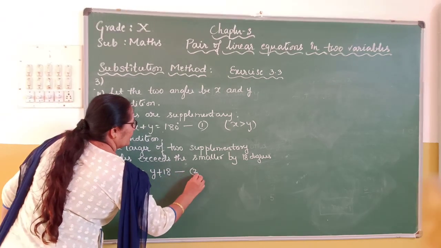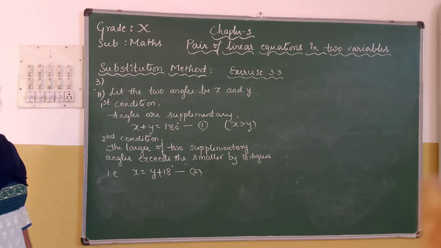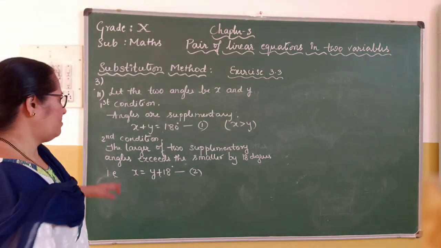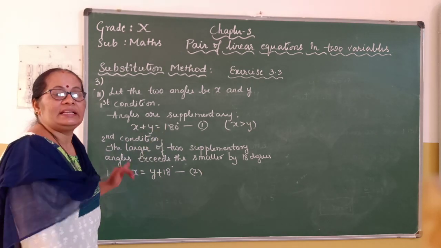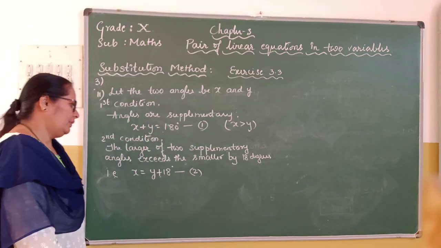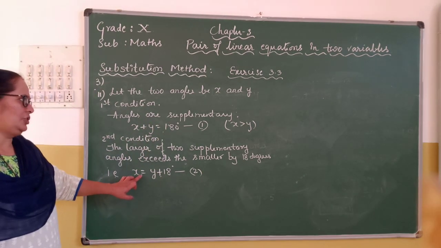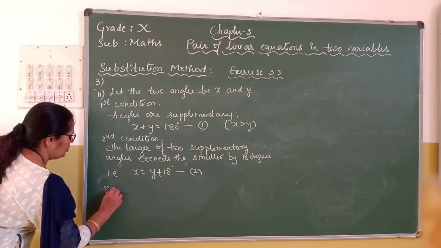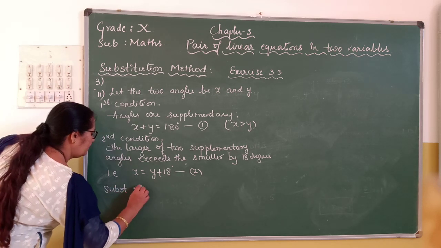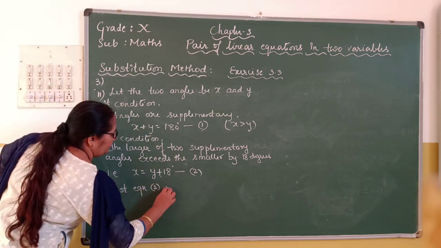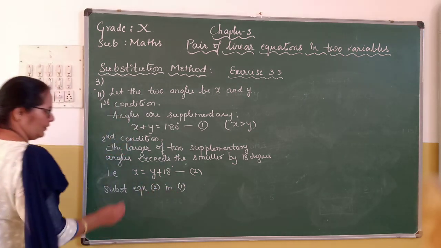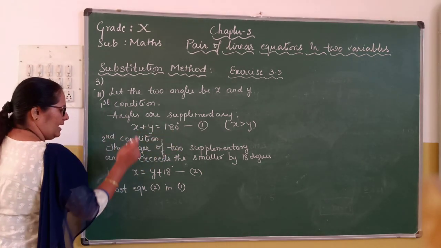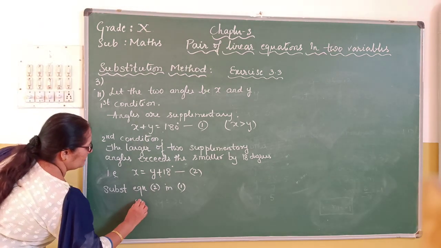Take this as the second equation. Now we have to find the measurement of the two angles, that is x and y. Now, substitute equation 2 in 1. So, we get x plus y equals 180, where x is y plus 18.